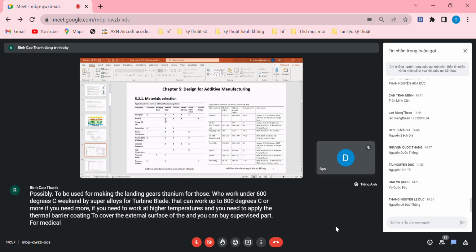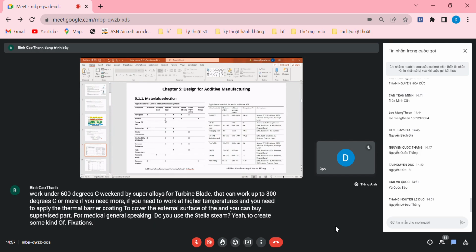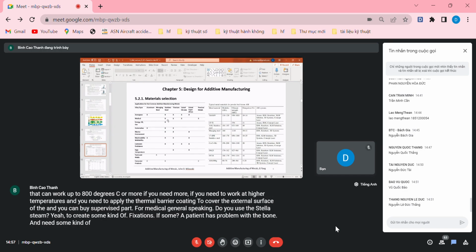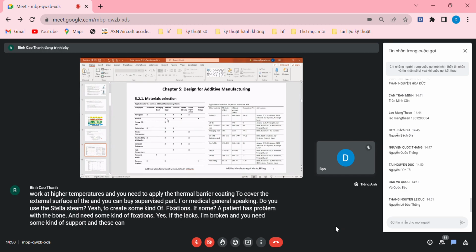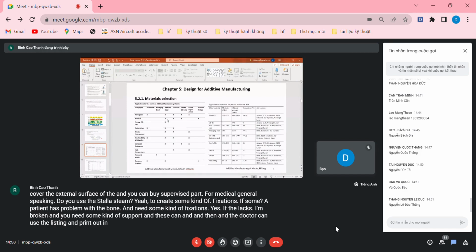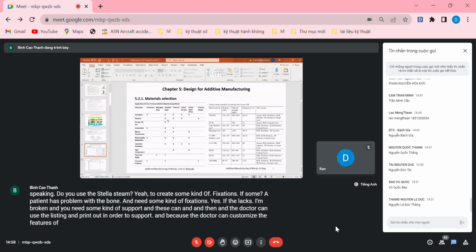For medical, generally speaking, people use stainless steel to create some kind of fixations. If a patient has a problem with their bone and needs fixation, or their legs are broken and you need some kind of support, the doctor can use stainless steel and print it out, because the doctor can customize the features for each patient.